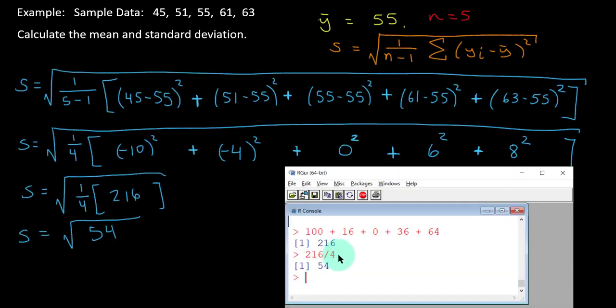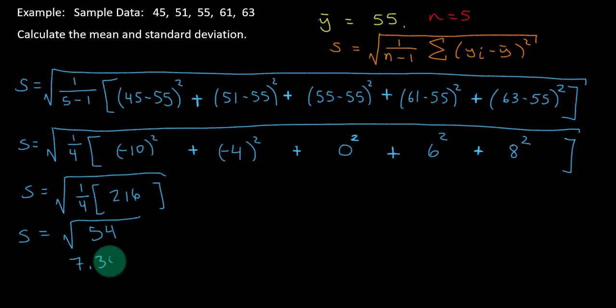So let's take the square root of 54, and it should be between 7 and 8. Awesome. Approximately 7.3485. Awesome.